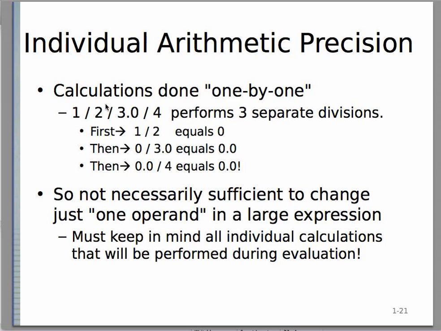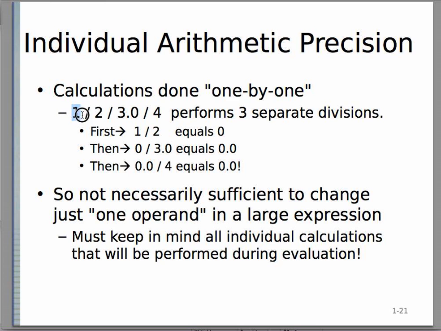So here, the thing to watch out for is that this is an integer, and it's 0. And the expectation might be that since you have a double, all of these things are promoted. No, that does not happen. Just the fact that one of them is a double does not make all of them a double.